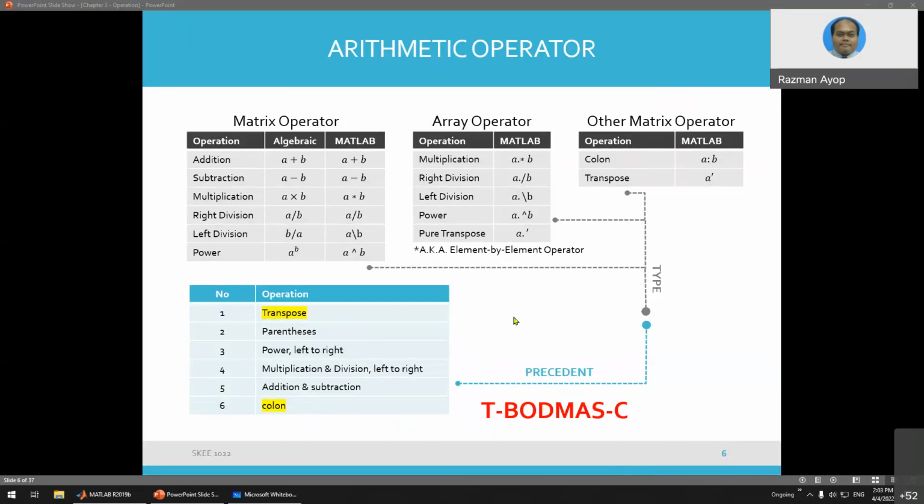Make sure you memorize this precedence. Always do the left side first and then the right side. If you have the same precedence, make sure you go from left to right.